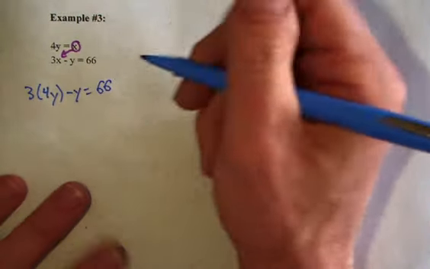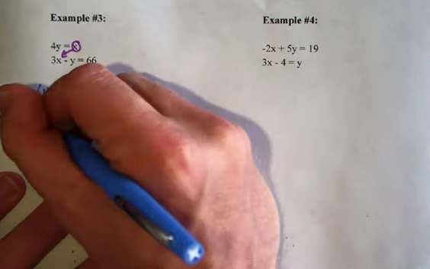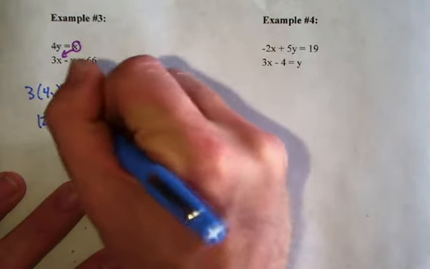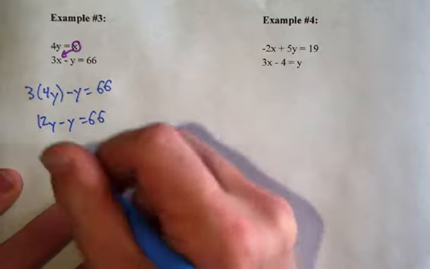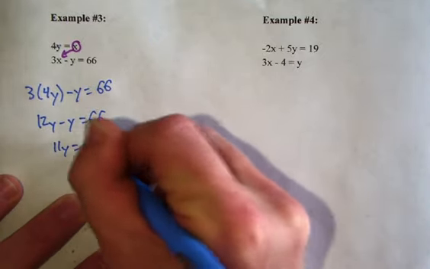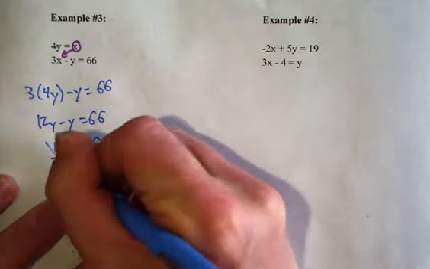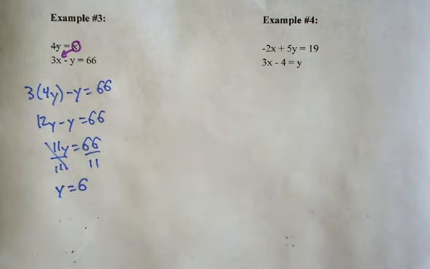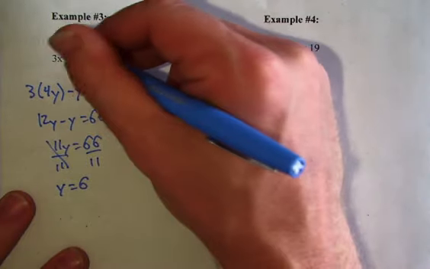Whoa, big number. 3 times 4y is 12y, minus y equals 66. 12y minus y is 11y. 11y equals 66. Divide by 11. This cancels. We get y equals 6.